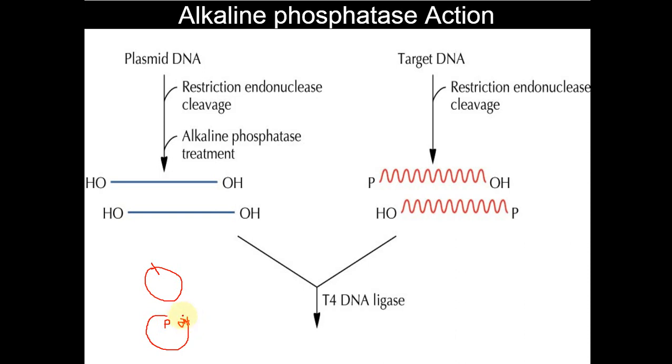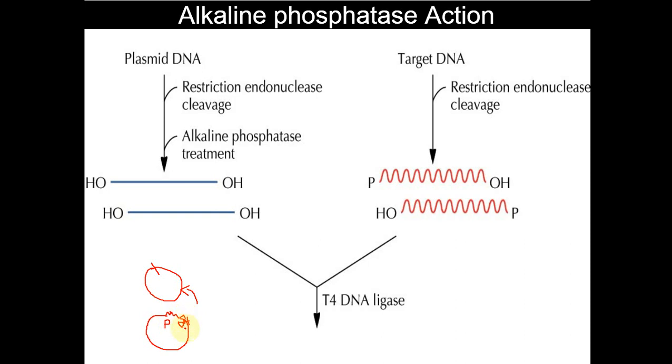So before joining the targeted or foreign DNA to this vector in between, these two ends can rejoin and form the plasmid again, because they already have a 5' phosphate and OH. Ligases can join this without the foreign DNA in between.